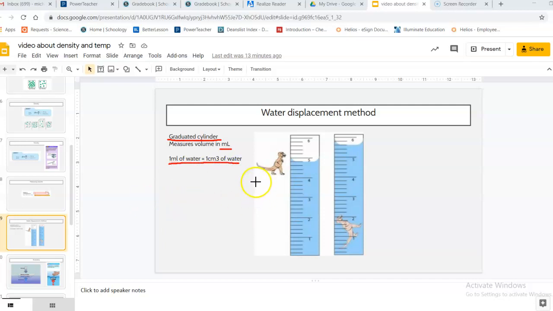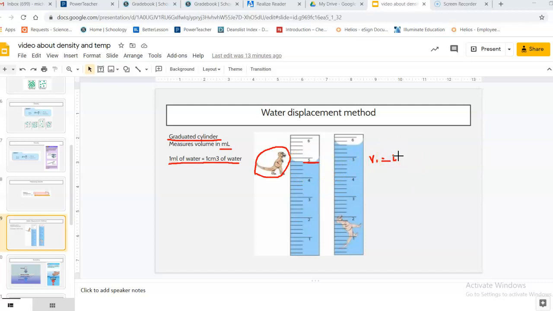So say I want to find out the volume of this toy dinosaur here. What I need to do is get the initial volume. Let's see, this is 1 ml, 2 mLs, 3 mLs, 4 mLs, and then 4.2, 4.4, 4.6, 4.8. Right here it's 4.8.